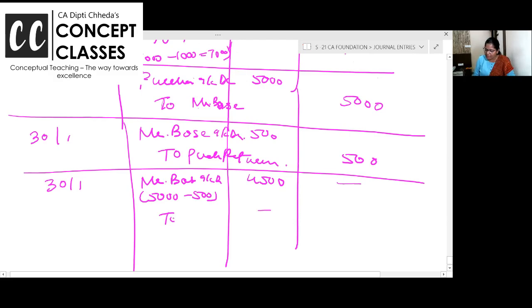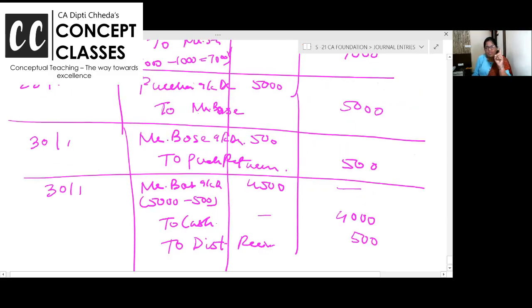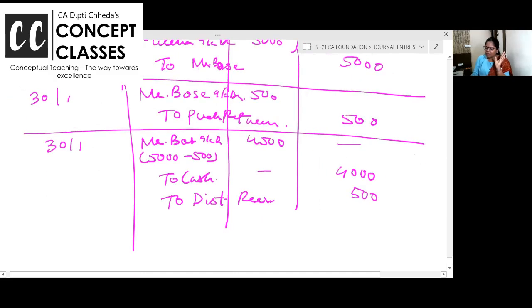But how much am I paying in cash? Cash or bank, whatever you want to write, they have given 4,000. 500 rupees is the discount received. Bose allowed me discount, but for me, Bose, I purchased 5,000 goods, 500 I returned, 4,500.